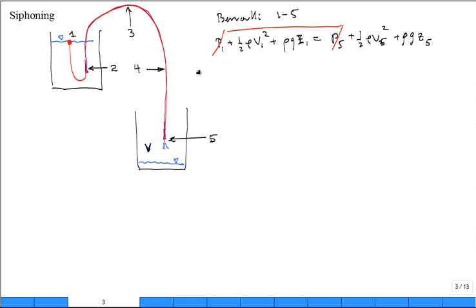All right. How about the speed and the kinetic energy at 1, one half rho v1 squared? Is negligible, 0, because this diameter is so large compared to the tube diameter. Now, in the demonstration we just had, the water bottle's diameter wasn't 10, 20 times larger than the tube diameter, and you could see that water level fall.